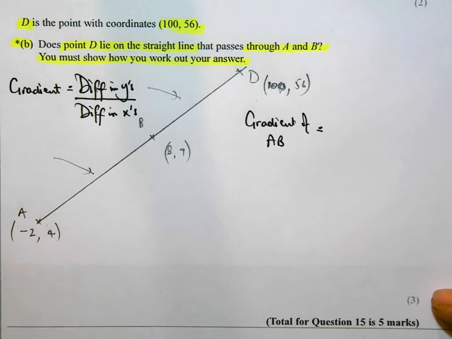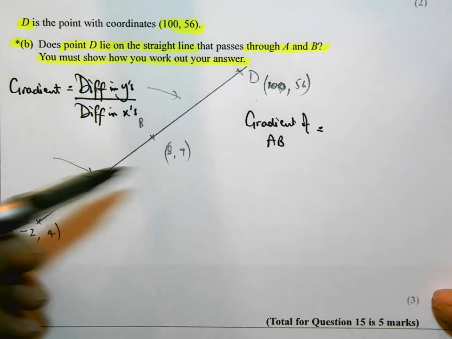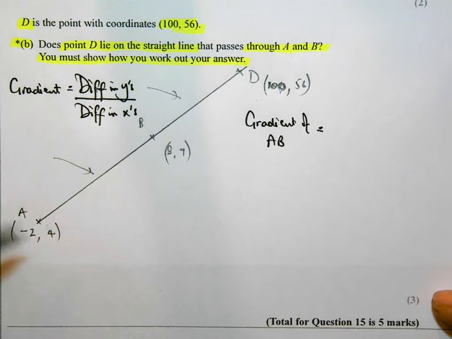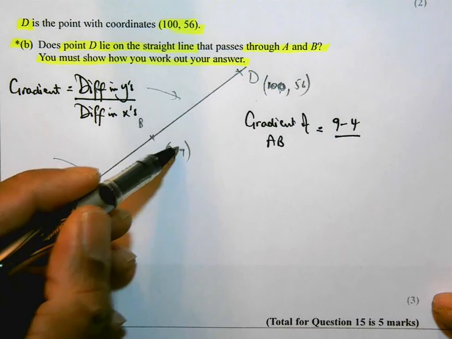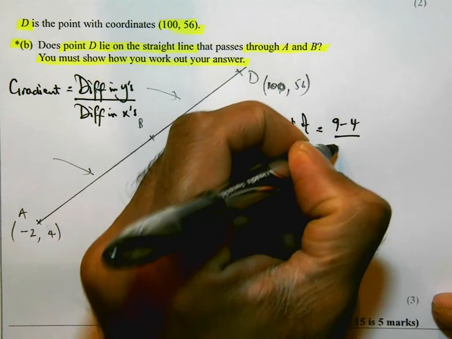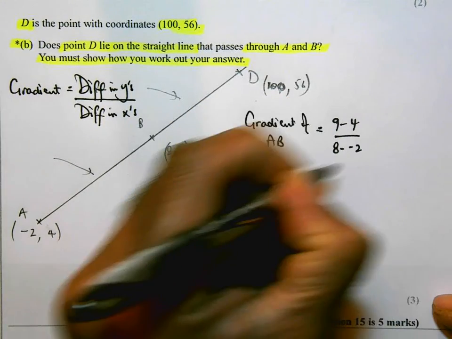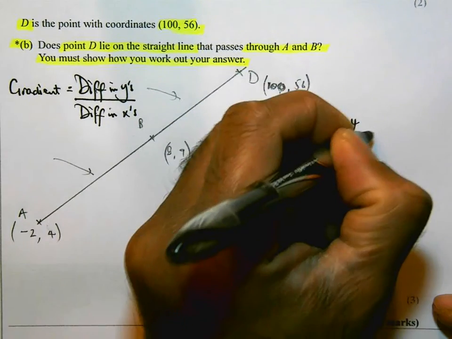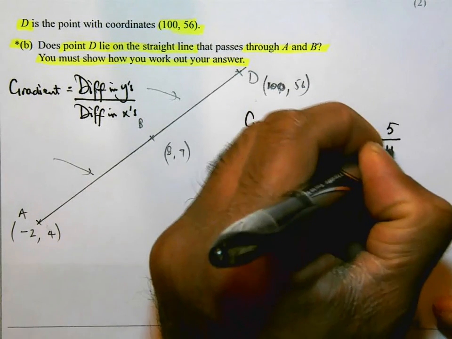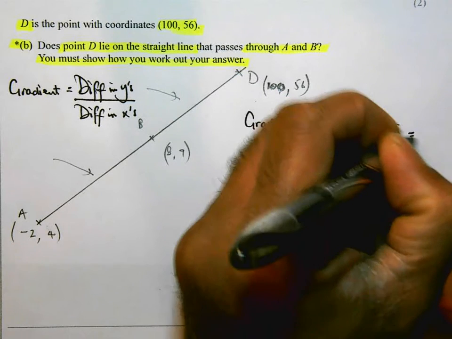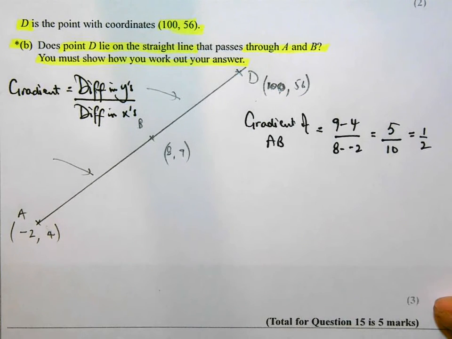The difference in y's, so 9 take away 4. The difference in x's, 8 take away -2. 9 take away 4 is 5. 8 minus -2 is 10. And that's the same as a half. Okay, so the gradient of AB is a half.